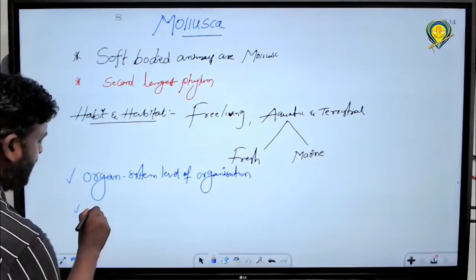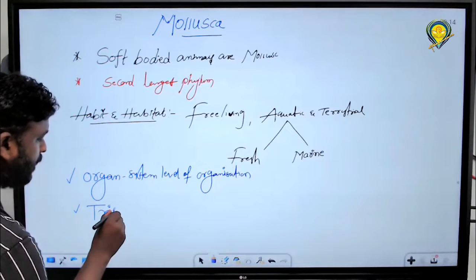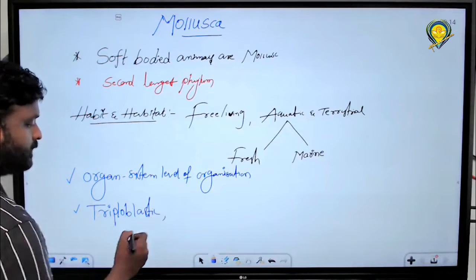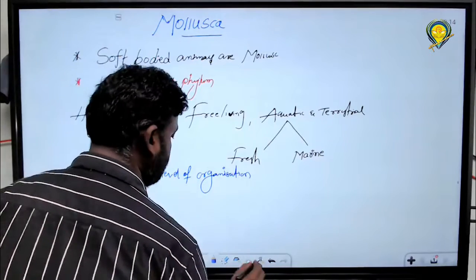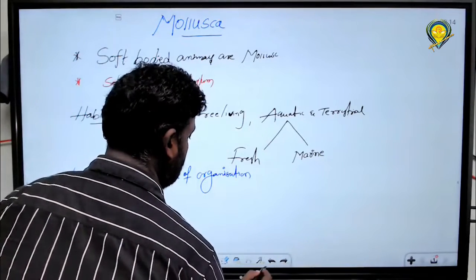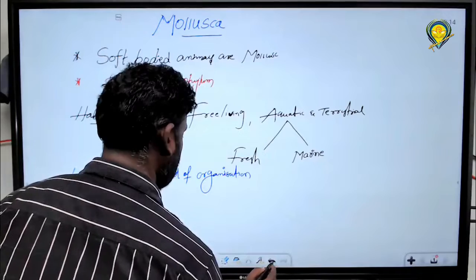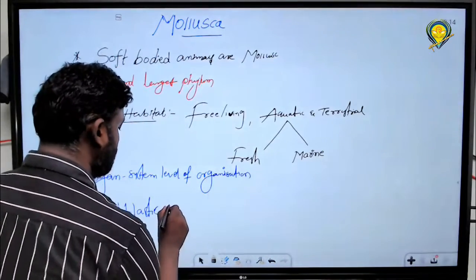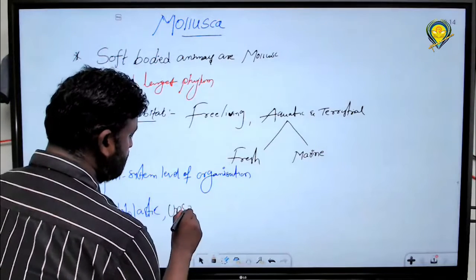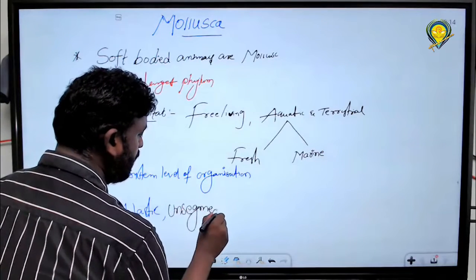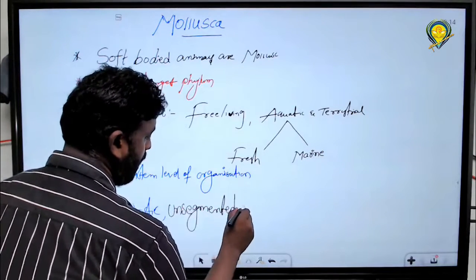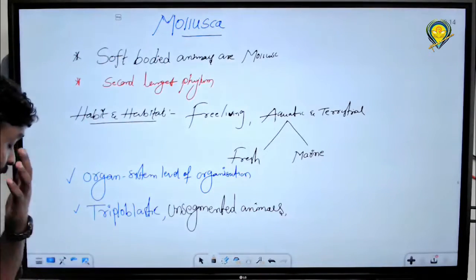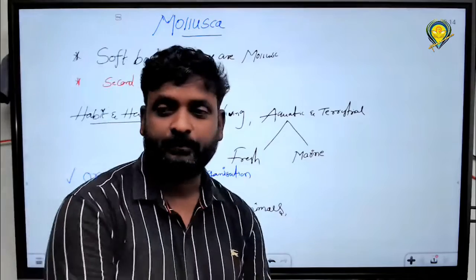Very good, triploblastic animal. And next, segmented or unsegmented? Unsegmented animals. Very good.